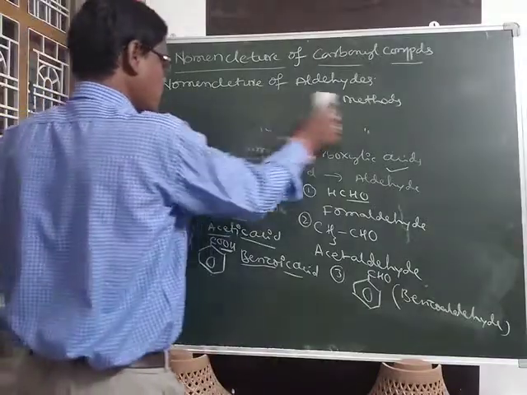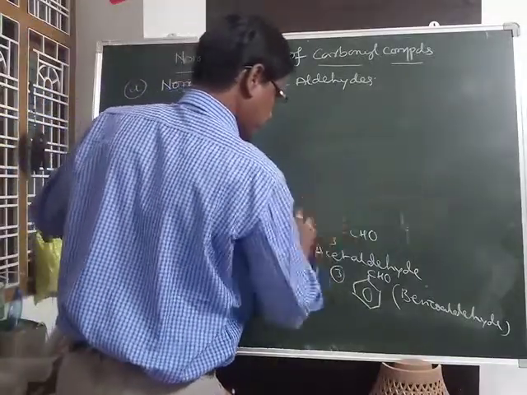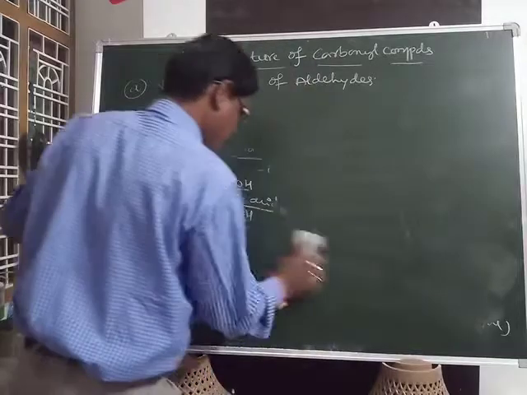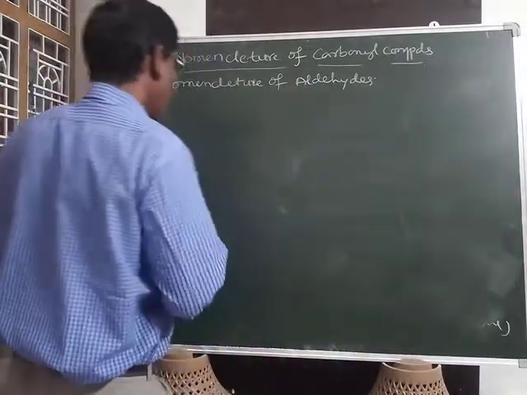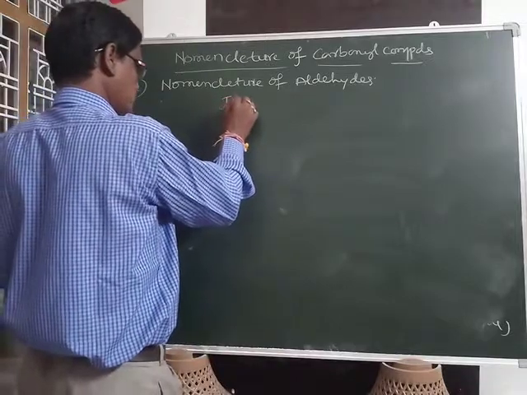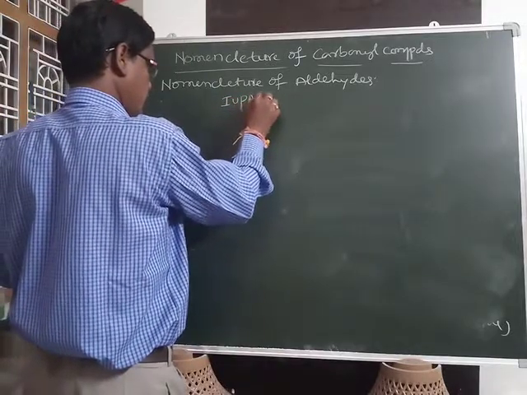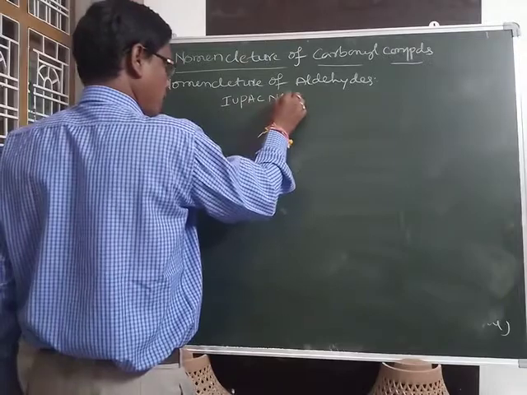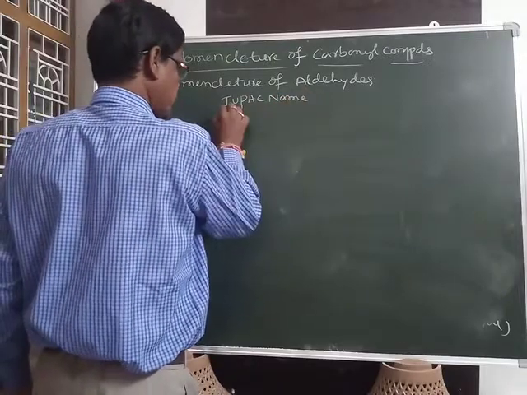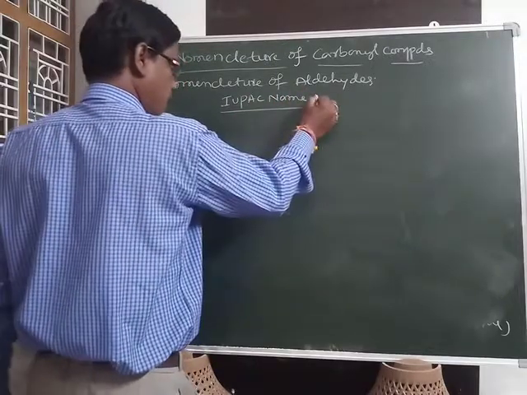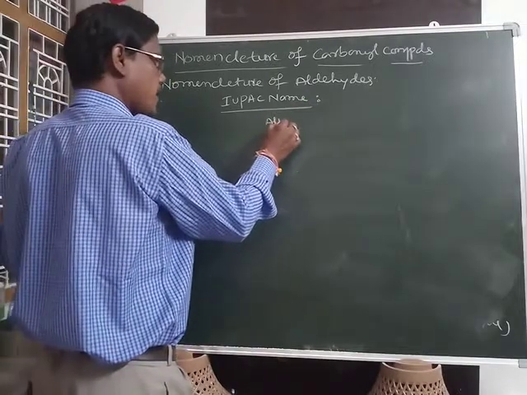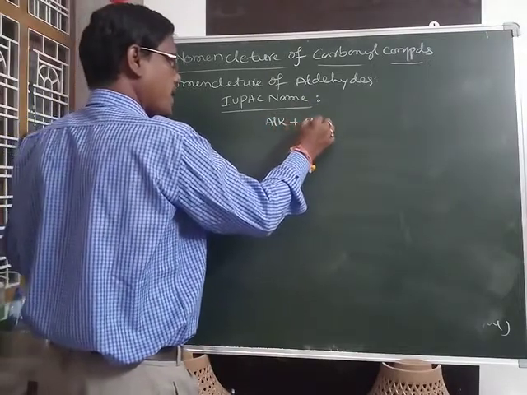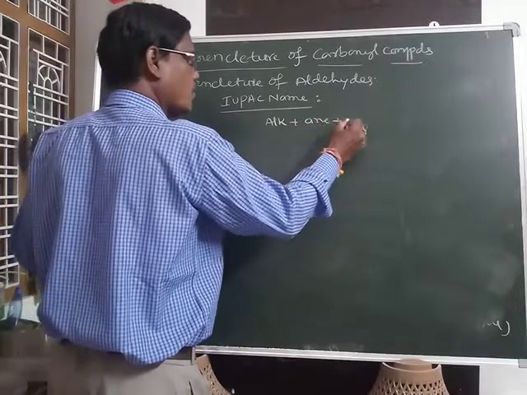Now IUPAC name. IUPAC name of aldehyde. The IUPAC name of aldehyde is given as alk plus ane plus al.